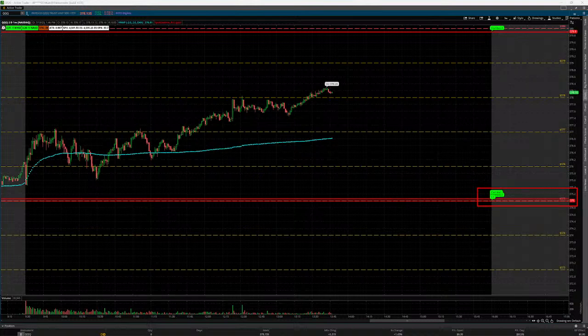Other QQQ levels have been in play for today. In the morning chop, the 377 level did act as resistance and then acted as support. A little bit of resistance at 378, and now QQQ is trading above that level.